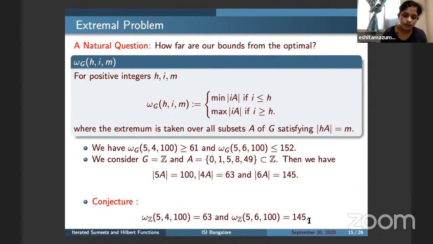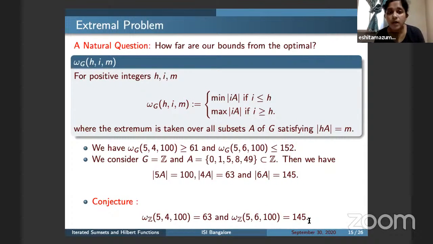Well, now, since we are talking about the Plünnecke-Ruzsa inequality and we are trying to recover it, and we have seen that we have already recovered the Plünnecke inequality, now we're trying to write our theorem in terms of Plünnecke.